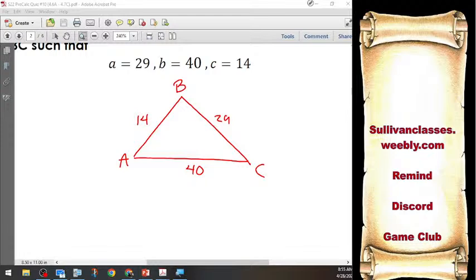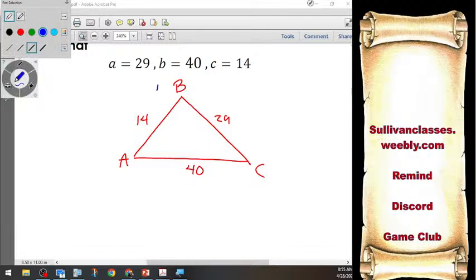If I'm doing the law of cosines, it is most prudent to choose the biggest one. So I'm going to start with the measure of angle B. Calculator shortcut: arc cosine of 40 squared minus 14 squared minus 29 squared, all over negative 2 by 14 by 29.